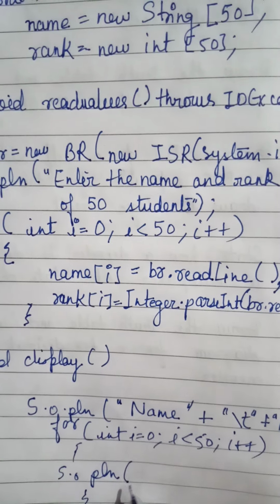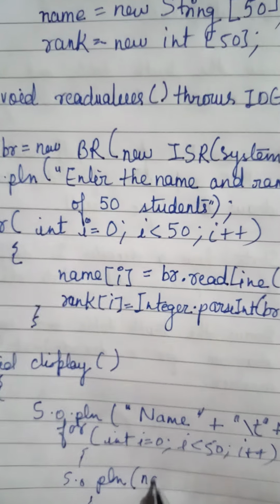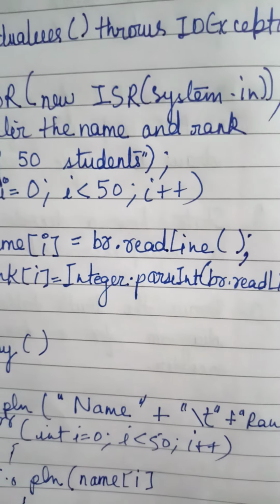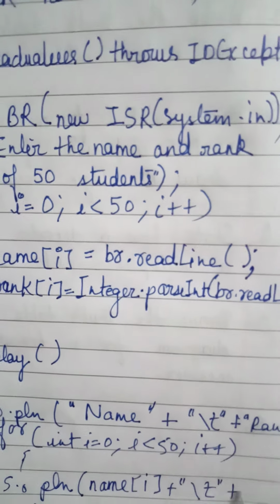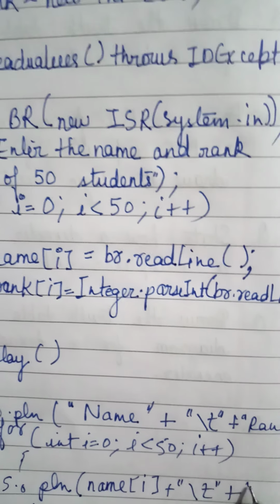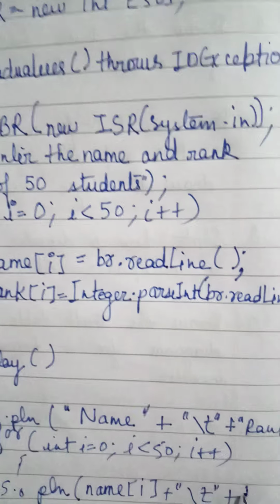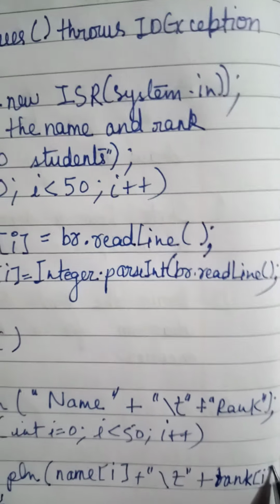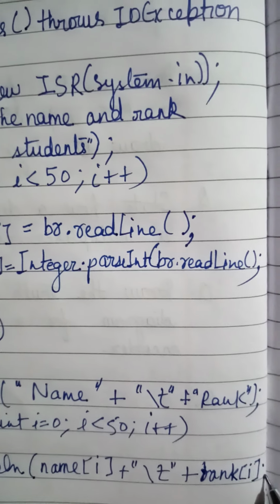Then System.out.println, name we are having within name[i], then again for the same format \t plus, what is the variable, rank[i].